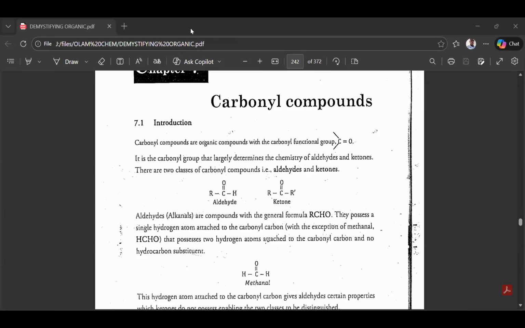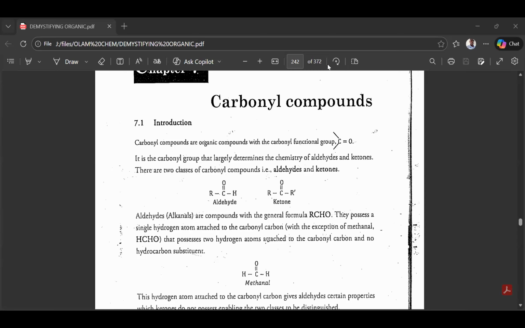It's a functional group which we talked about when we were still writing down our introduction to organic. We said that the homologous series which we call carbonyl compounds have a functional group called the carbonyl group.